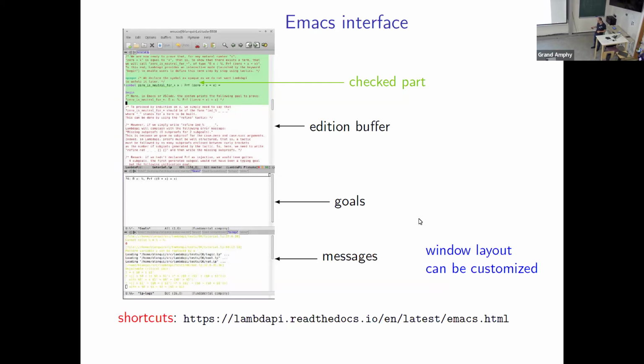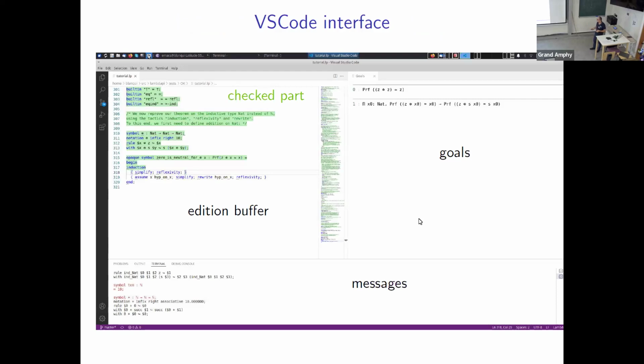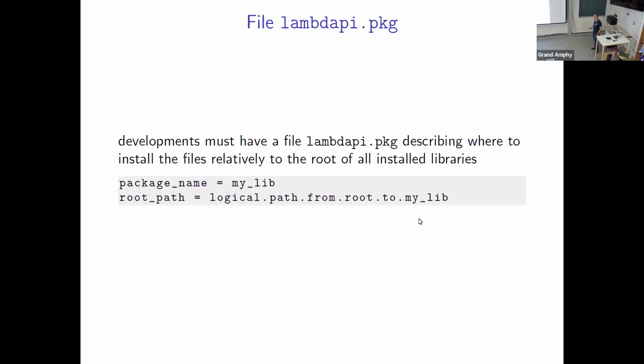And here are messages. You can change the layout if you want. For VS Code, it's very similar. You can get it from the VS Code marketplace. It looks like this: same thing, your buffer with the green zone indicating what has been checked, the goals you want to prove, and messages here.